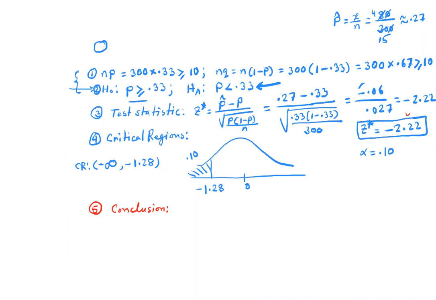Step 5 is conclusion. Now, does this test statistic fall in the critical region? What do you guys think? Does this test statistic, negative 2.22, fall in the critical region?